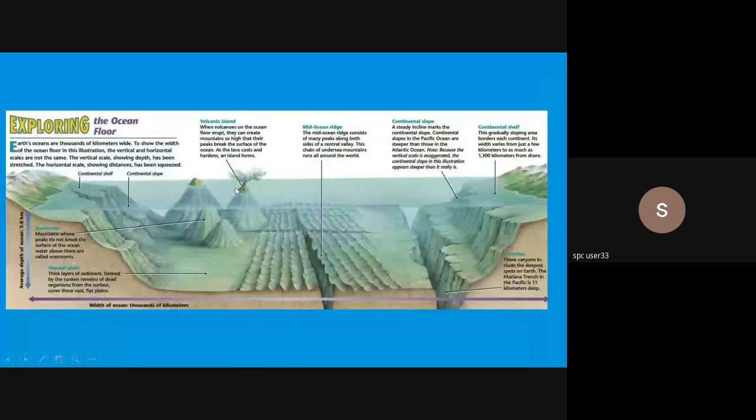What actually happens is this works like a conveyor belt. The land is going to form along the ridges, and as it moves, it's going to push this part, and this is going to go in. So this is what is called the conveyor belt system.